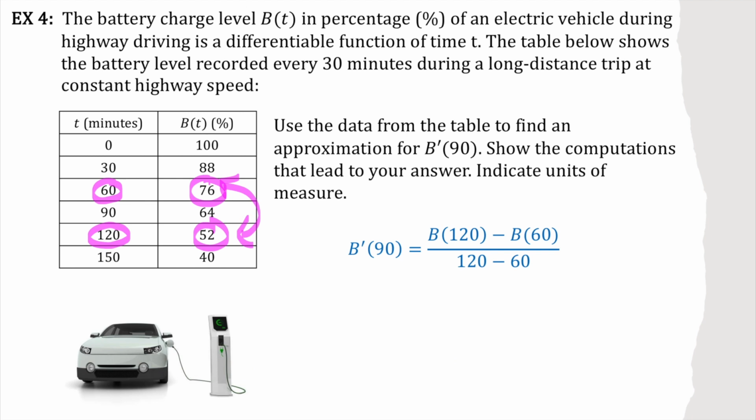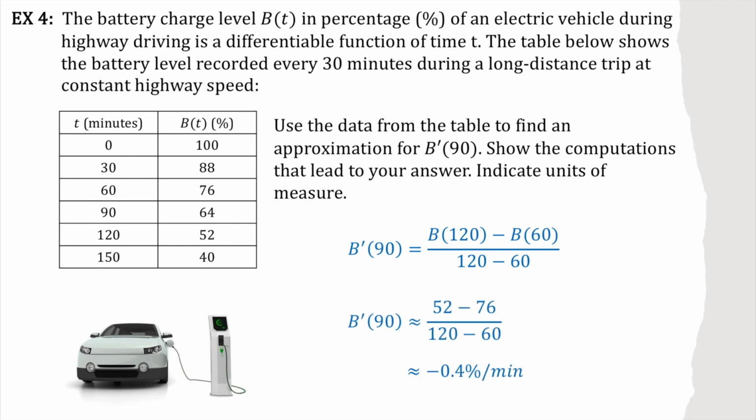This is called the difference quotient, and we're basically just doing y minus y over x minus x, and we'll find an average rate of change because that's the best we can do right now. So we have an average rate of change of negative 0.4 percentage per minute.